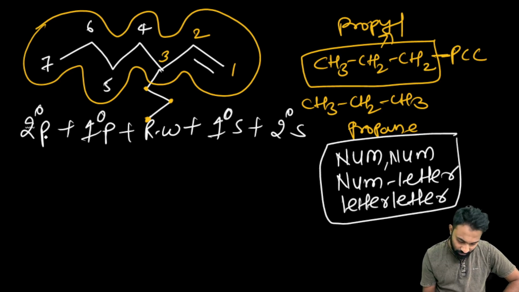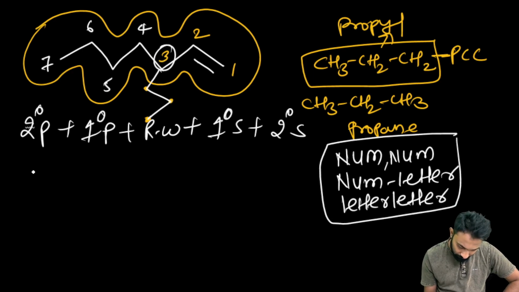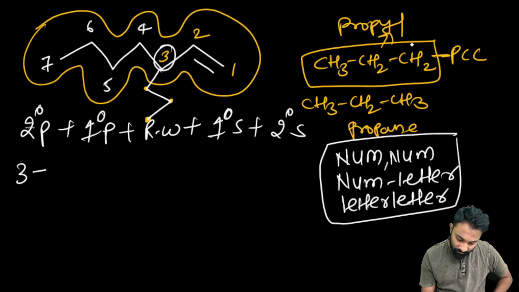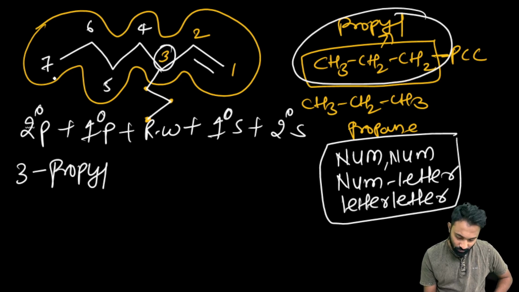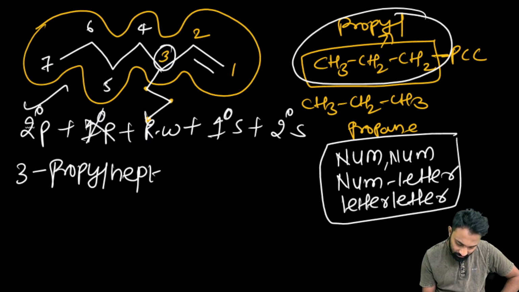Done. Now the secondary prefix. At which position is it there? 3. And now we are writing the letter, right? So we have to represent the hyphen. Now which letter are we representing? The substituent, that is propyl. So 3-propyl. Next to the root word, how many carbons are we having? Hex, and this is done.